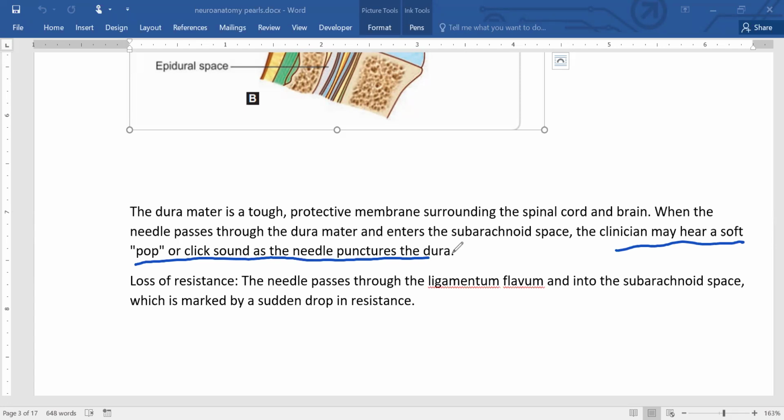Then, when you push the needle further into the space, there is a sudden loss of resistance when you pass through the dura mater. That is how you know that the needle has entered the subarachnoid space, and also the CSF fluid is coming into the needle.